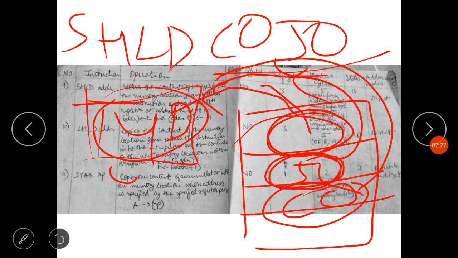After getting the address, the microprocessor will execute the instruction. How? It will first store the content of the L register in the address. So the fourth machine cycle will be used for storing the content of L into the address mentioned in the instruction. That is, the fourth machine cycle is a memory write machine cycle.